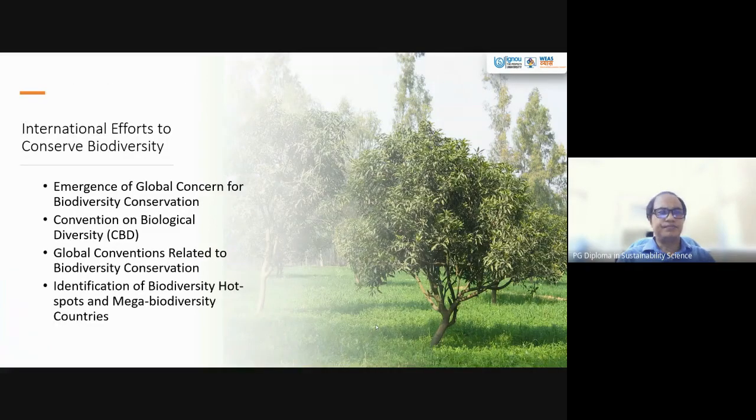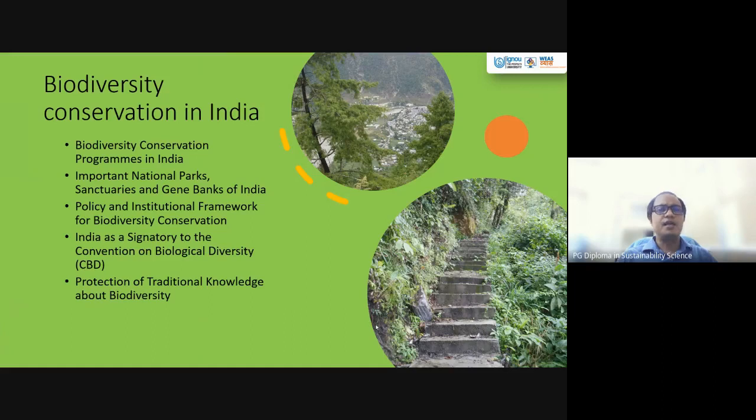Then, as we have already talked about the emergence of global biodiversity conservation, the Convention on Biodiversity, and so on, now let us have a quick look into biodiversity conservation in our very own country, India. What are the different biodiversity conservation programs in India? About national parks, sanctuaries, gene banks, what our institutional framework is, and so on.